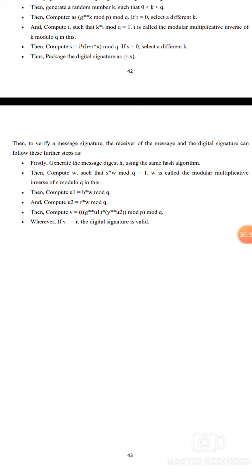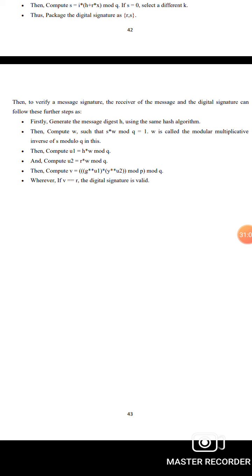Compute W, the modular multiplicative inverse of S modulo Q. Compute U1 equal to H times W mod Q. Compute U2 equal to R times W mod Q. Then compute V equal to G to the power U1 times Y to the power U2, mod P and mod Q. If V equals R, the digital signature is valid.